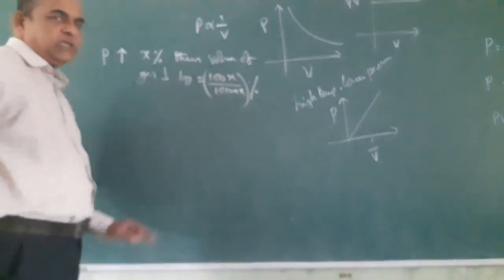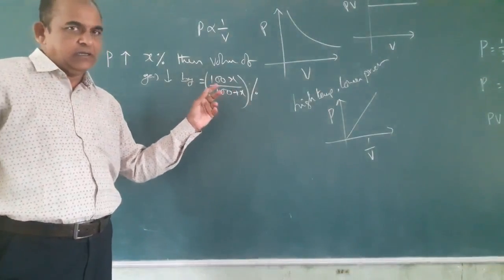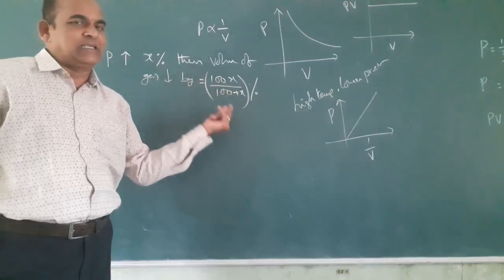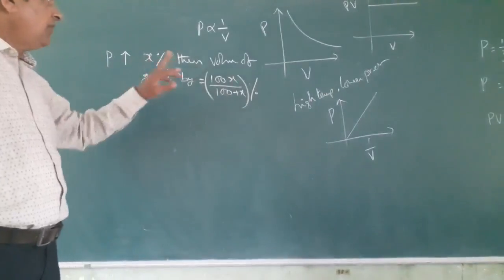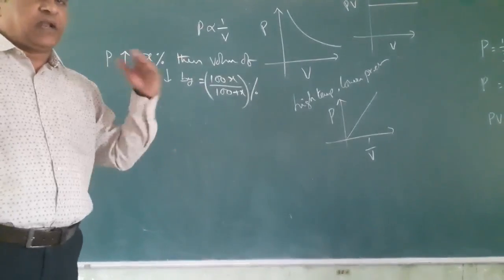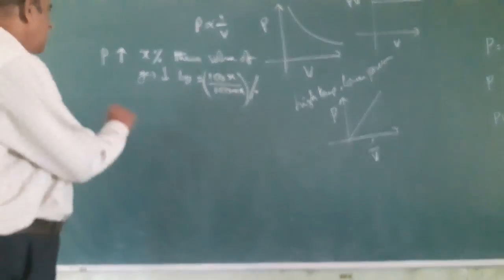Volume should decrease, so the denominator should be more, 100 plus x. Like that, you remember. Wherever inverse proportionality is there, you can apply this formula in other chapters also.